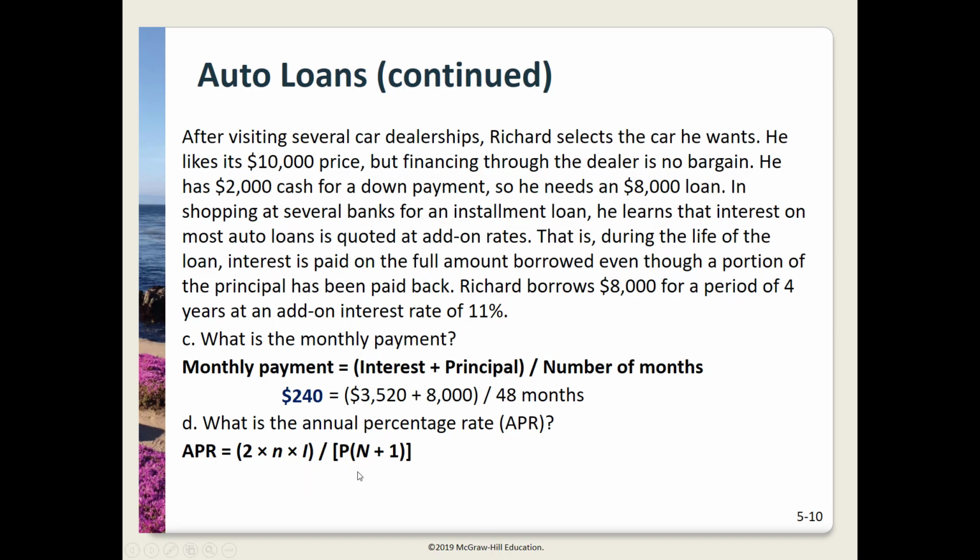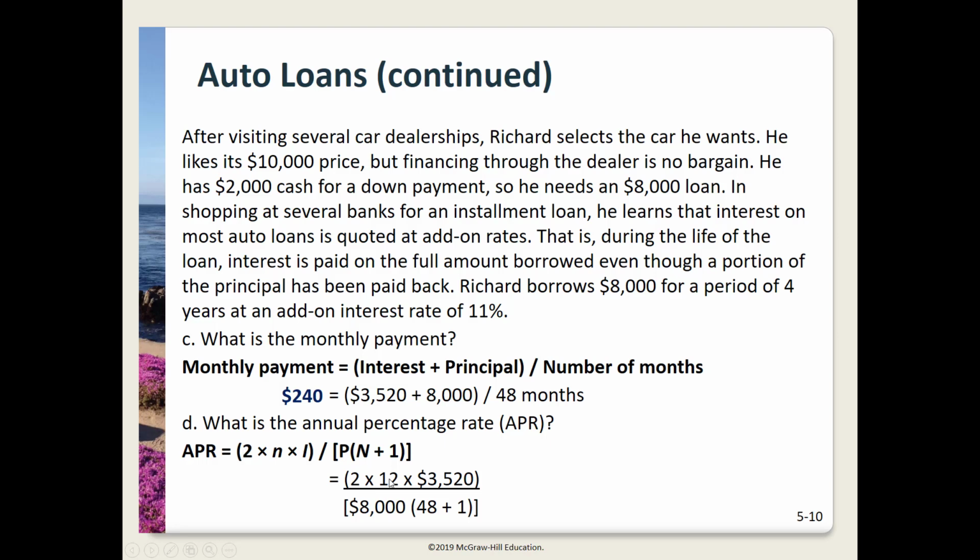In our denominator, we're working with a big N, which is the total number of payments to pay off the loan in entirety. So all of the payments. Plus 1, that's just the way the formula is set up. Then multiply that by our P, which is the principal, and then take that value, and that'll be what you divide the numerator by.